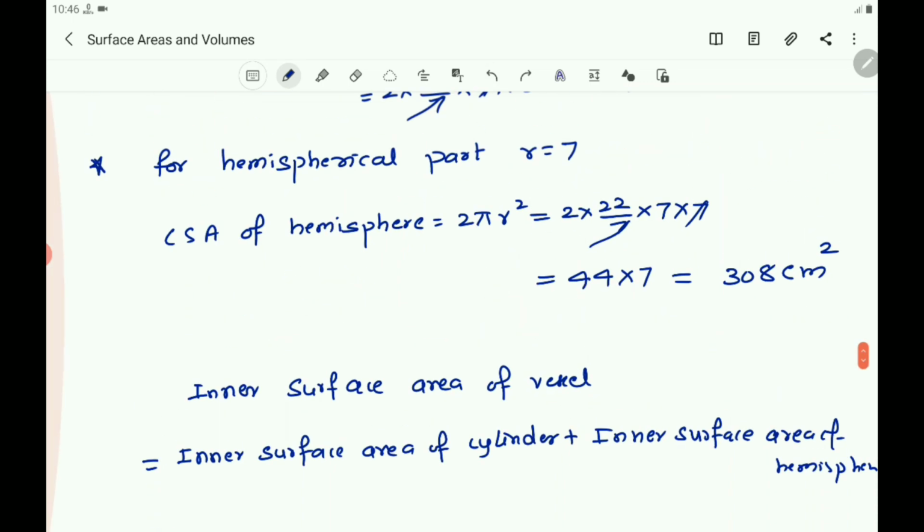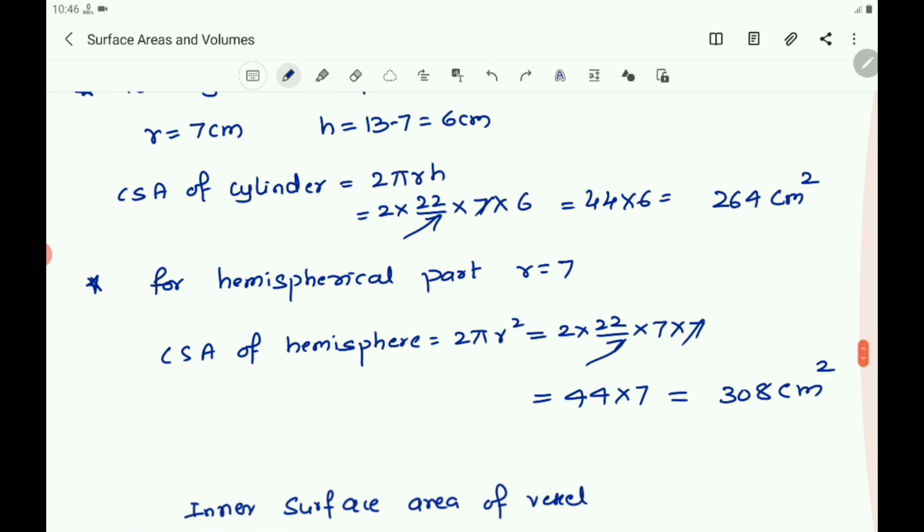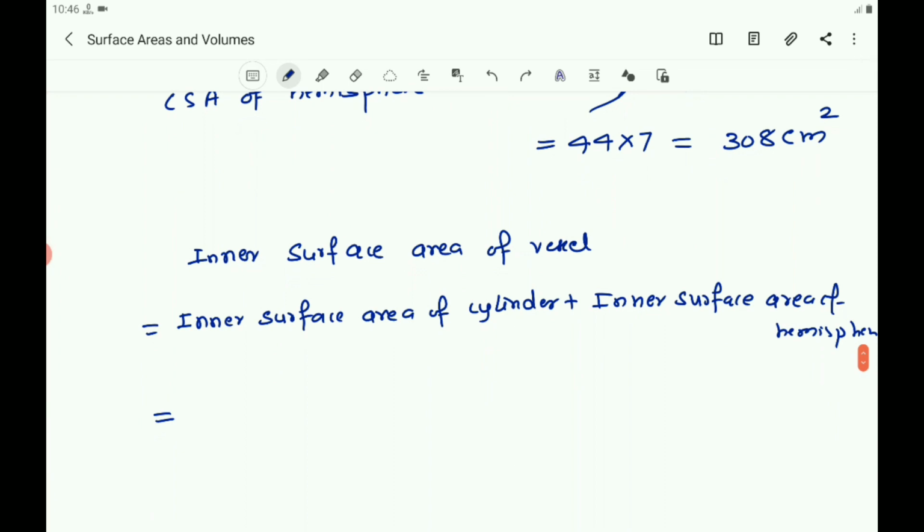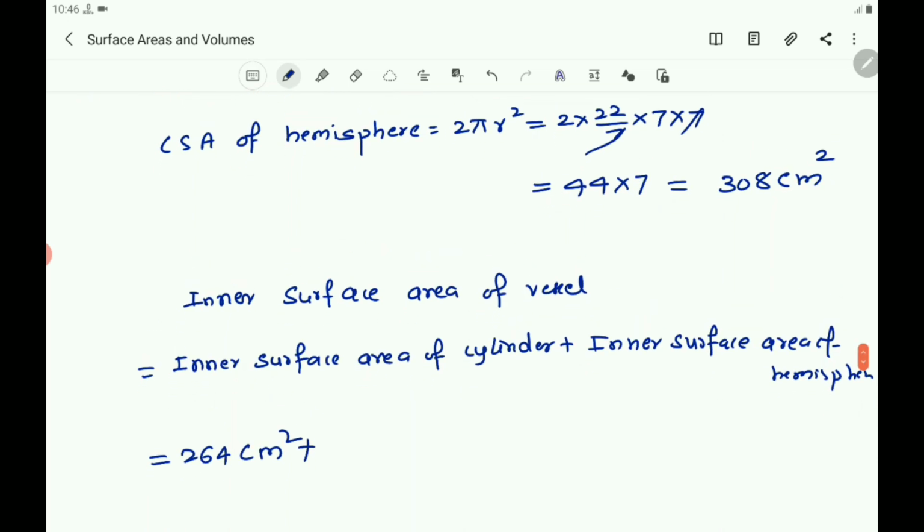You got it: 264 cm square, plus the inner surface area of the hemispherical part, that is 308 cm square.